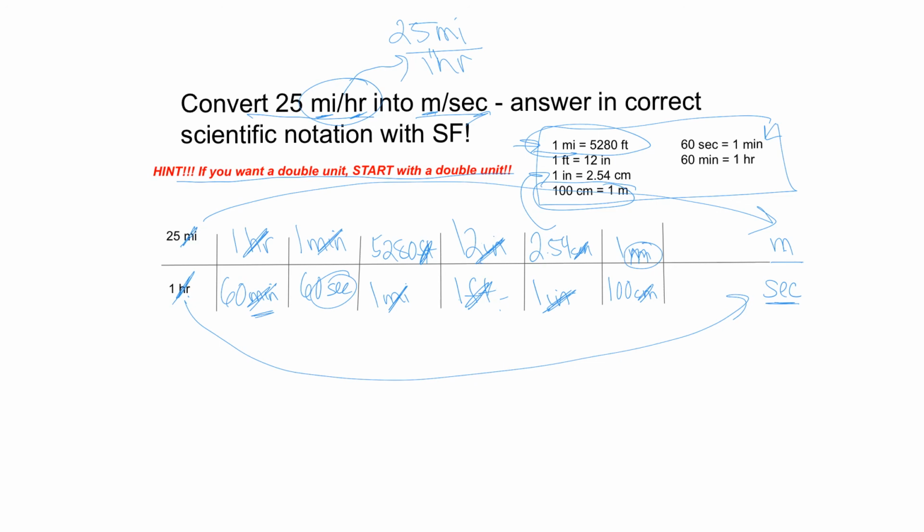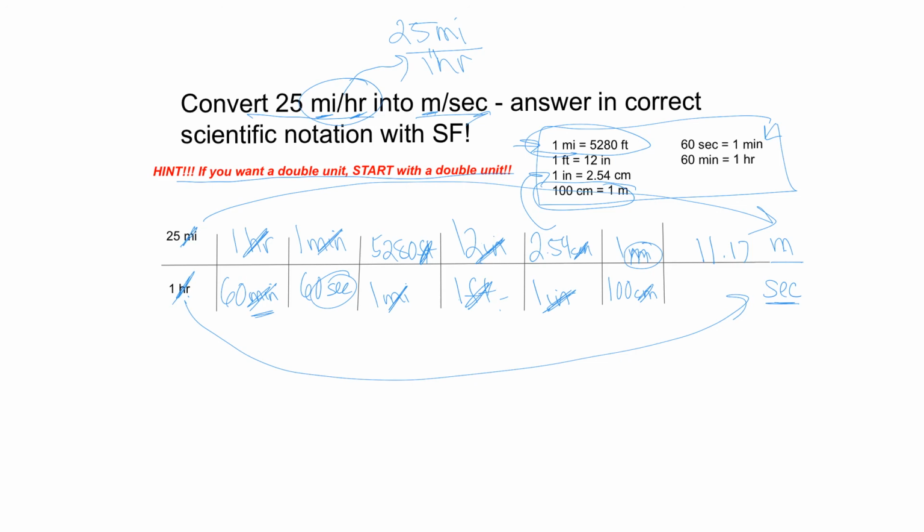So 25, do it with me, times 5,280 times 12 times 2.54 times 1 divided by 60 divided by 60 divided by 100. All right? And I get 11.17 meters per second. Okay? So pause this video if you need to and check your math.